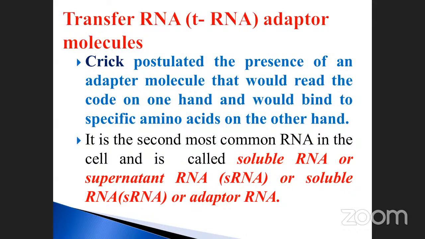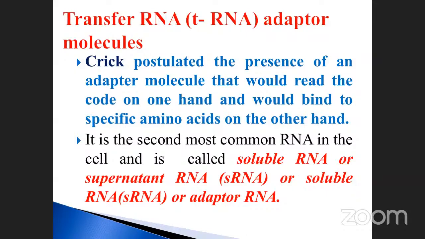80%. Don't forget. Next, we will move on to the next RNA, called transfer RNA or tRNA, otherwise called adapter RNA. See here, this was first postulated by the scientist Watson and Crick. Crick postulated the presence of an adapter molecule that would read the code on one hand and would bind to the specific amino acid with the other hand.